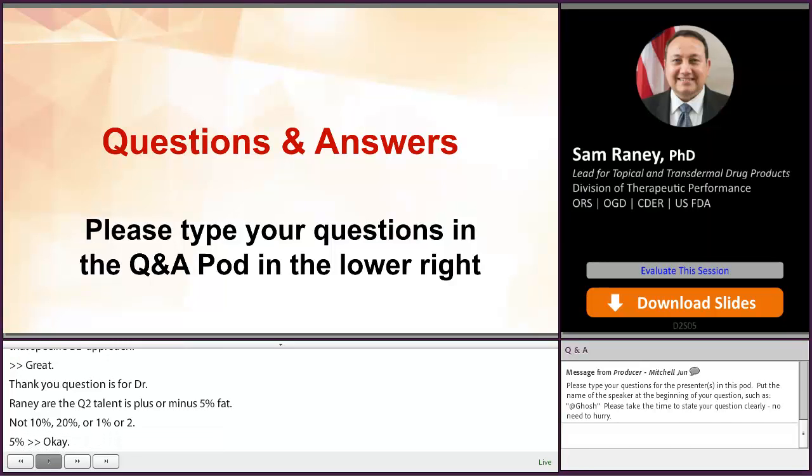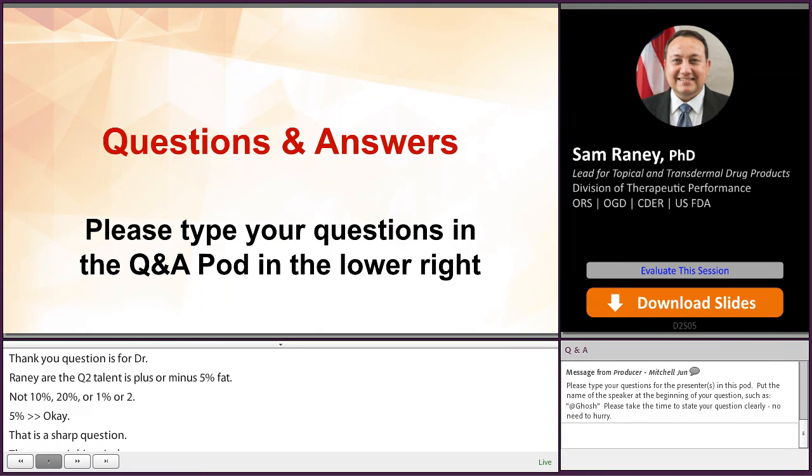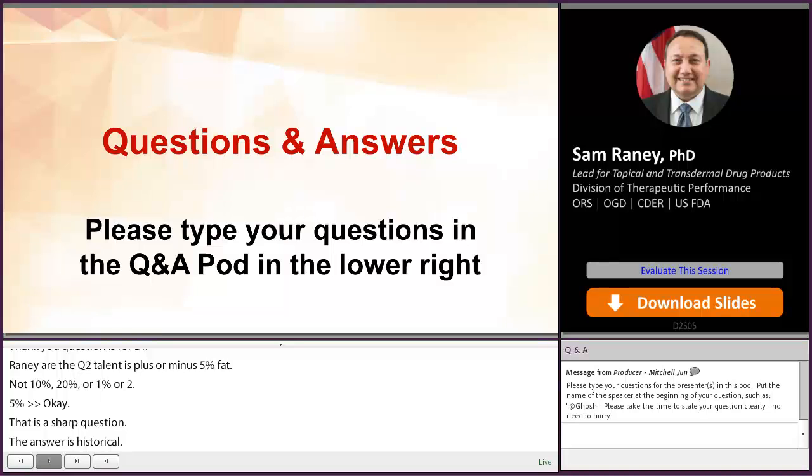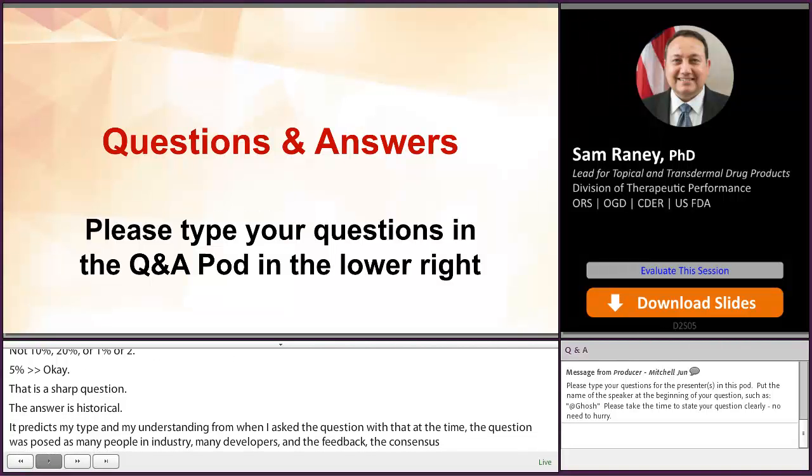It predates my time, but my understanding from when I've asked this question is that at the time the question was posed to many people in industry, who were manufacturers, developers, and drug developers, the feedback that came back, the consensus, appeared to be that if an individual ingredient had a variation of plus or minus 5%, that was likely within manufacturing tolerances, and it was unlikely, in the opinion of those experienced pharmaceutical professionals, that it would make any difference in the product.